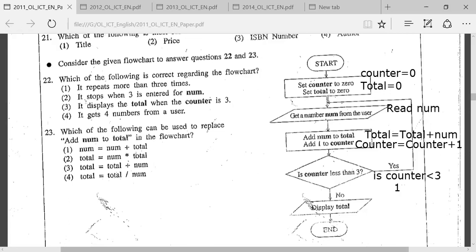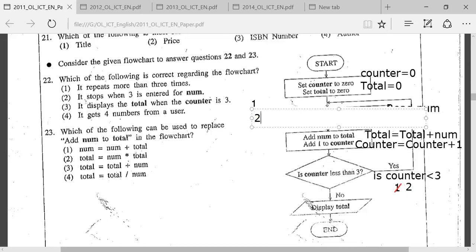So it will go back. When it goes back, that is 1 iteration. Again input the number. Total equal total plus num. Counter equal counter plus 1. Already the value of counter is 1. 1 plus 1. Now it is 2. So here it is 2. 2 less than 3, it will go back.